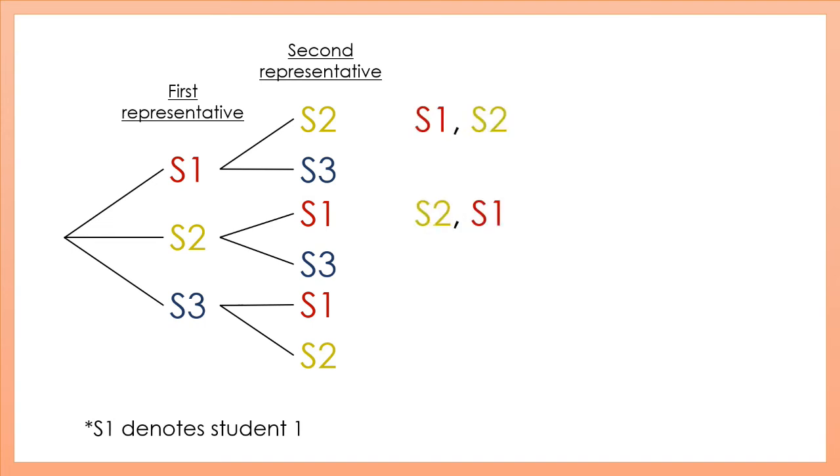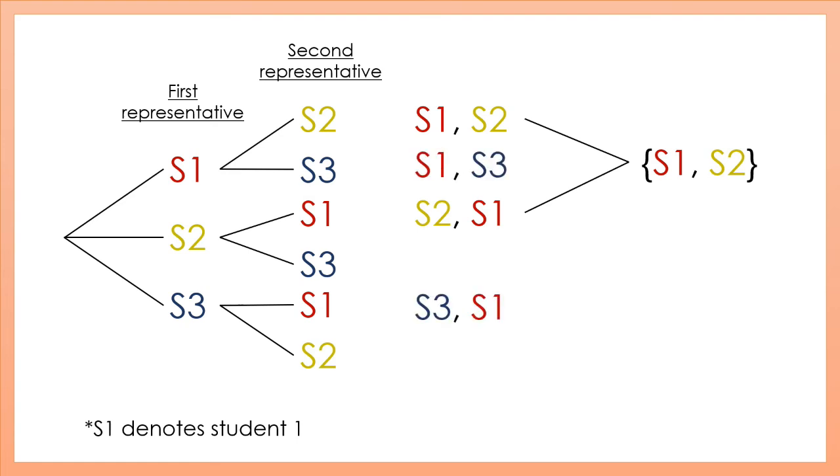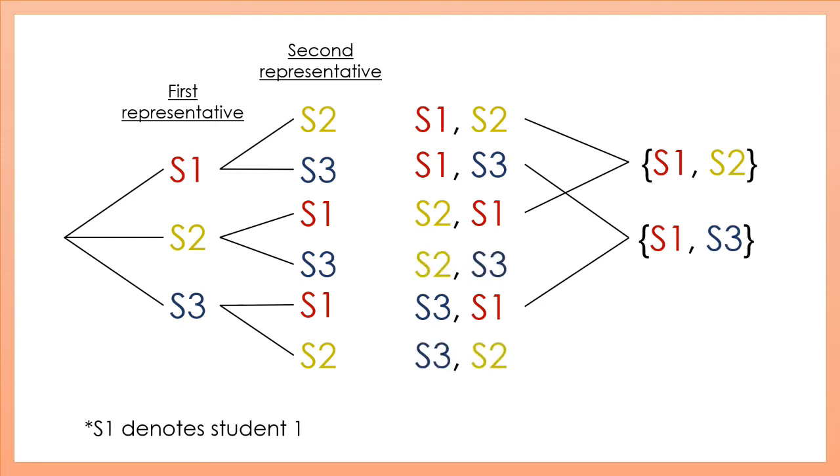Note that choosing student 1 and student 2 is the same as choosing student 2 and student 1. So the arrangement or the order is not important here. Grouping the same choices, in total, we have 3 ways of choosing 2 representatives from 3 students.